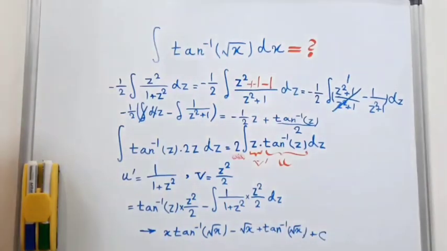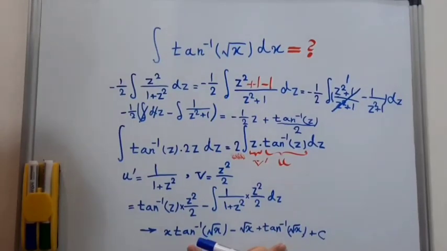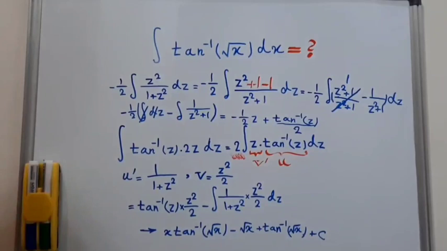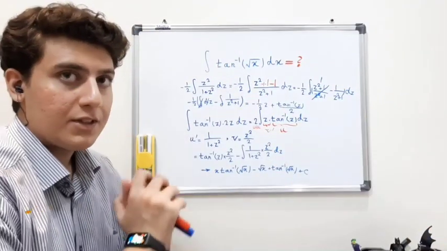This is constant. And yes, so this expression is actually the integral of this guy that you can see. And this was the question of today. Okay guys, this was the question of today.